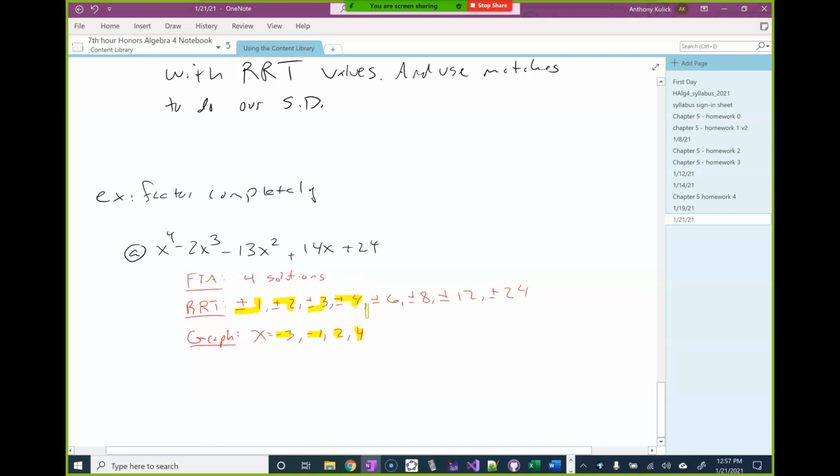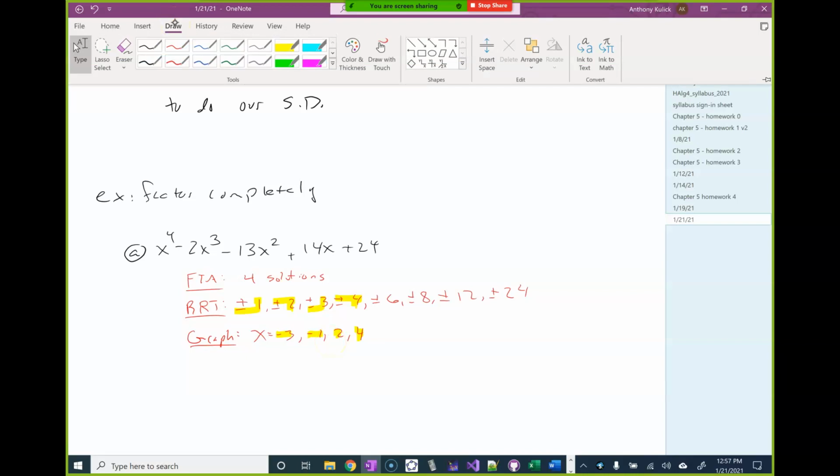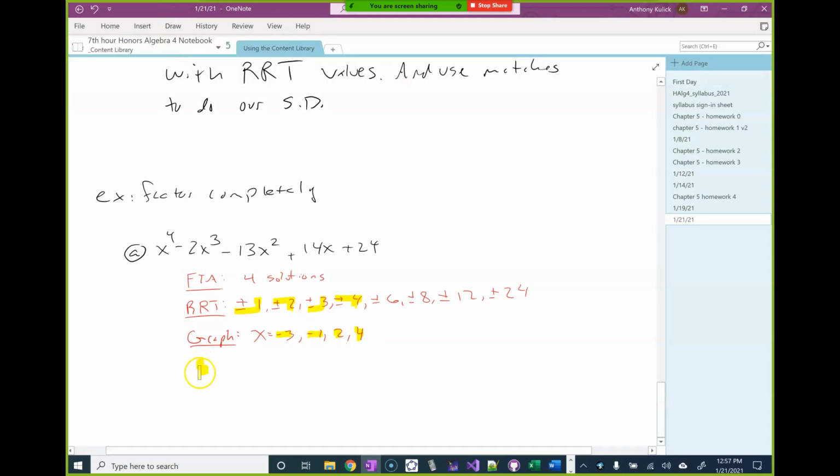It doesn't really matter. So I'm just going to pick one arbitrarily. Probably the easiest one to use from an arithmetic standpoint is the negative 1 because the multiplication is trivial. So I'm going to set up my synthetic division. The first step, I just bring that first number down. Negative 1 times 1 is negative 1.